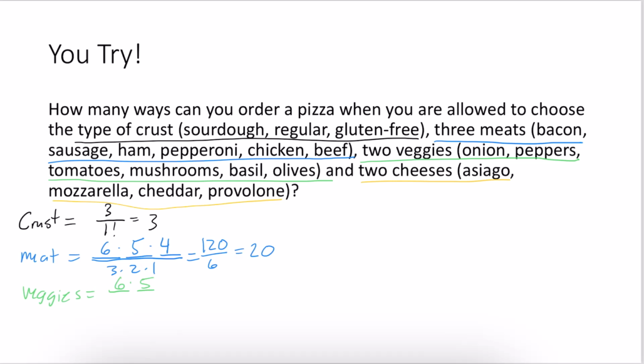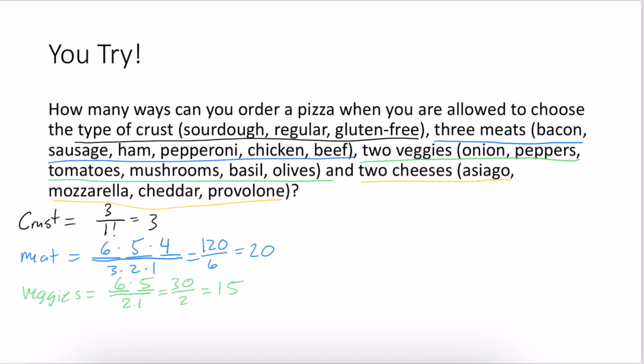They're all going to go on at the same time, and so we would divide this by 2 factorial. Because whether it's onions and peppers or peppers and onions, it's still the same veggies. So we divide out those duplicates, and 6 times 5 gives us 30. 2 times 1 gives us 2. And so there's 15 ways that we can choose 2 veggies from the 6 options.